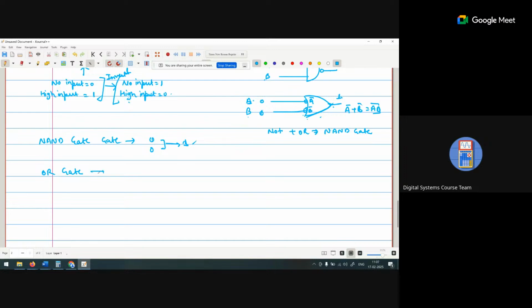In the OR gate IC there are two ICs available: one is active high and one is active low. You purchase the active high and give the input 0 0. You are getting the output 0. You are saying this is not an AND gate. Why? Because you purchased the active high IC, where it behaves as a simple OR gate. But if you purchase the active low IC, when you give 0 0, it will give the output 1. There are two different ICs available in the market: active low and active high.